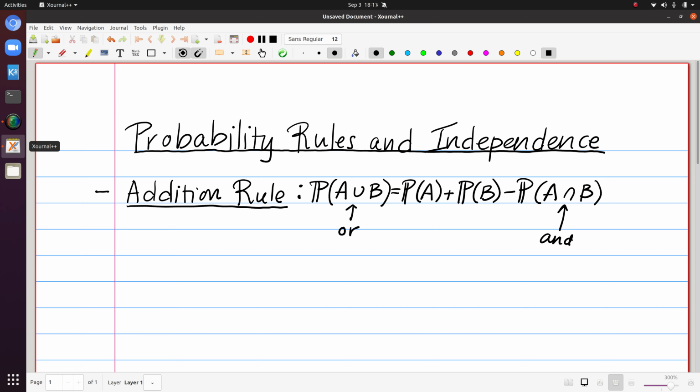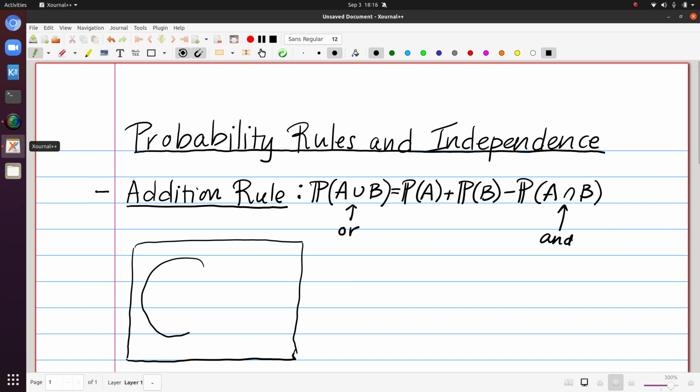So to keep this in mind, I think a lot of times it helps to use what's called a Venn diagram. So when I'm using a Venn diagram in probability, we usually draw some kind of rectangle to represent the entire sample space and circles to represent our events.